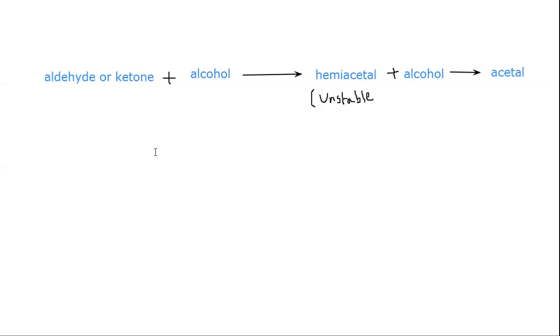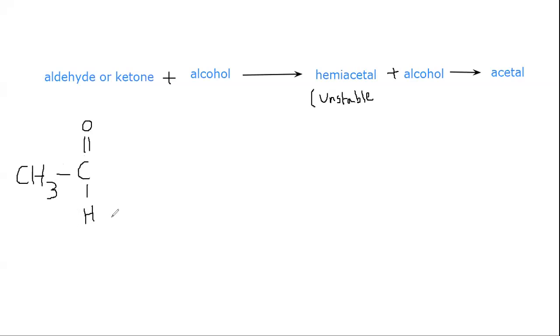Now let's take an aldehyde, or it doesn't matter. You can take a ketone. I'm going to take a simple aldehyde. This is aldehyde. How do I know this is aldehyde? Because carbonyl is attached to hydrogen.